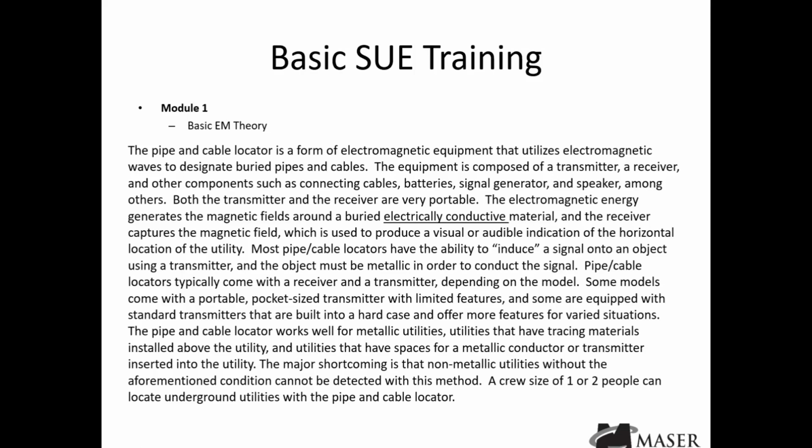So the pipe and cable locator is an electromagnetic instrument. It uses electromagnetic waves, which are AC current, alternating current, to impress a signal onto a pipe or a cable.